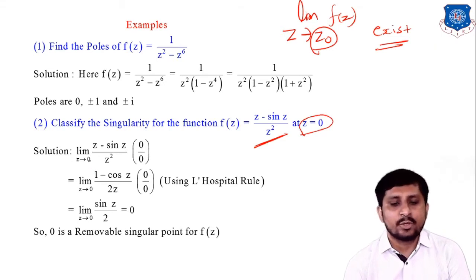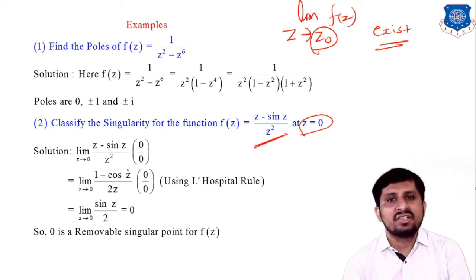You can see that at point 0, the numerator and denominator both are 0, so you cannot take the direct value. Here 0 minus sin 0 is also 0, and the denominator is 0, so it is 0 by 0 form. So using L'Hospital rule, we differentiate numerator and denominator both.